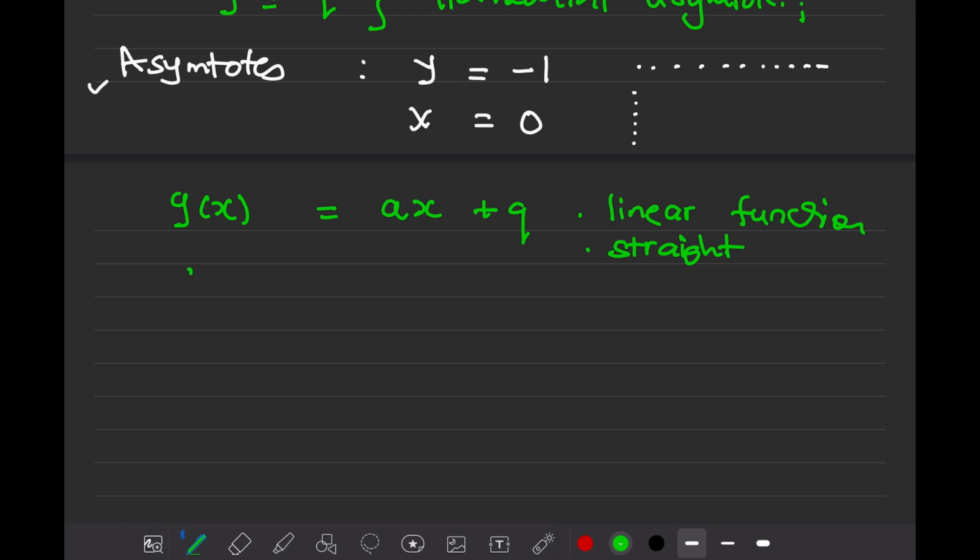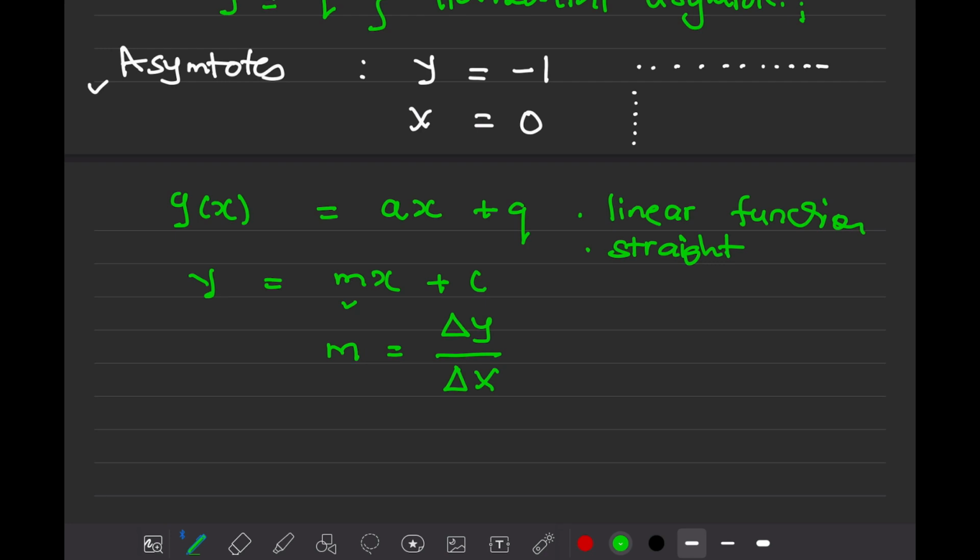A linear function has a form of g of x, or rather, let me use what you guys are used to. Let me use y equals mx plus c, right? You guys are used to this form, where m is the gradient of the line. M is the gradient, so this is going to be the change in y divided by the change in x, right?